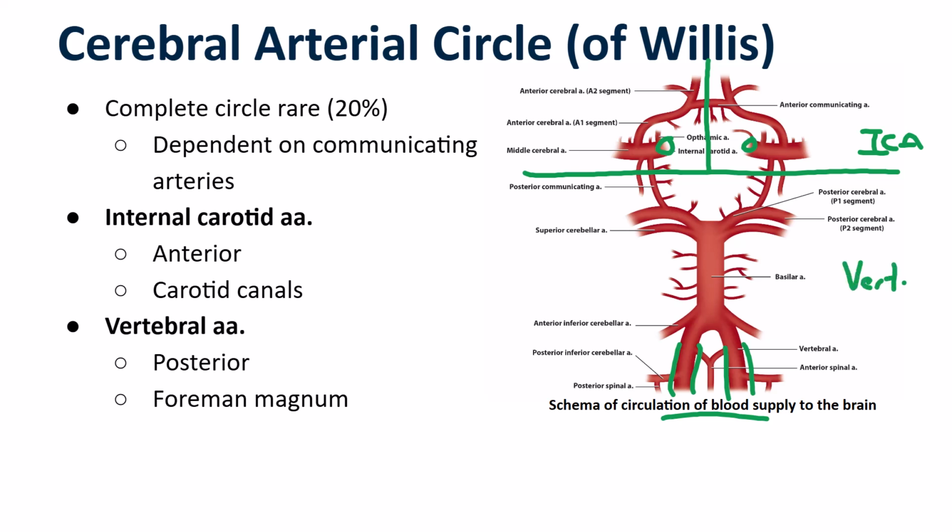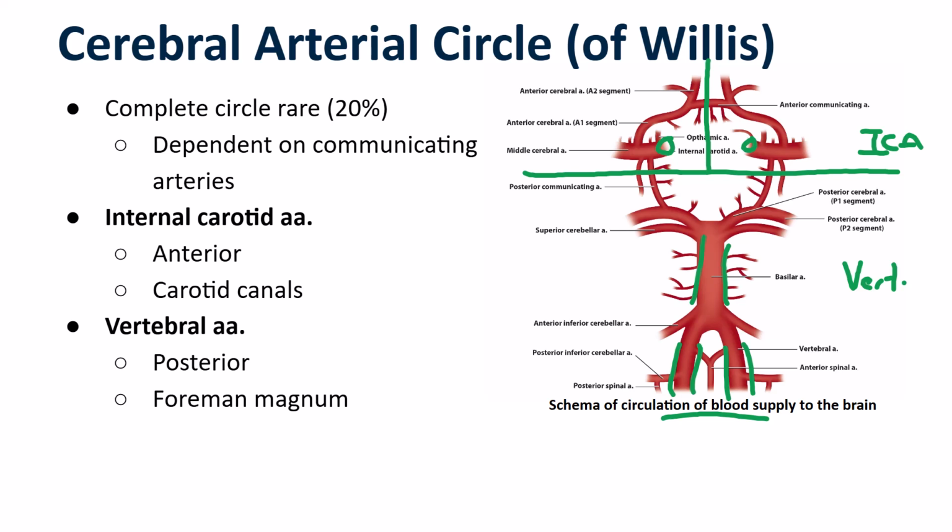So the vertebral arteries are ascending the neck through the transverse foramina of cervical vertebrae C6 through C1, and then they're going to enter through foramen magnum, and they come together here. And they're sending off various branches, but this is the posterior supply of blood.